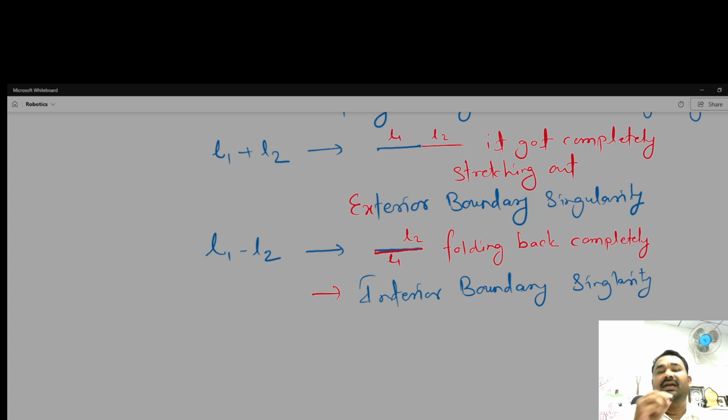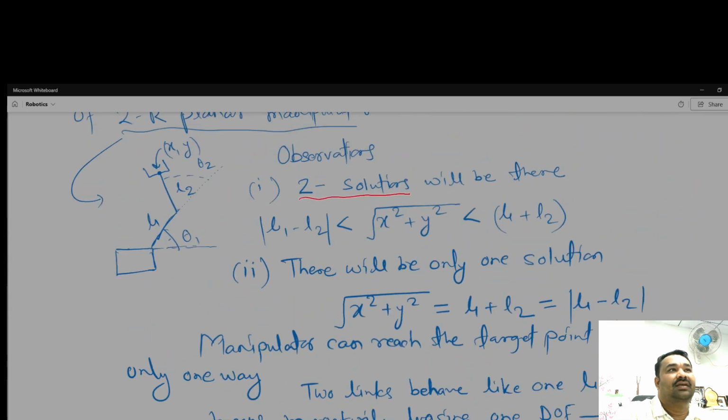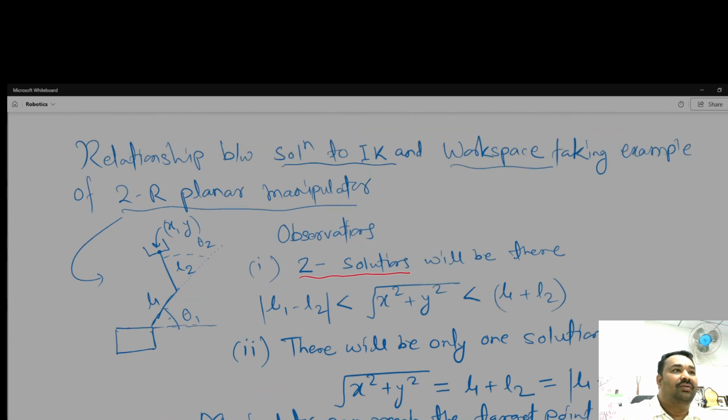If you see the figure, in the first case theta 2 becomes 0.